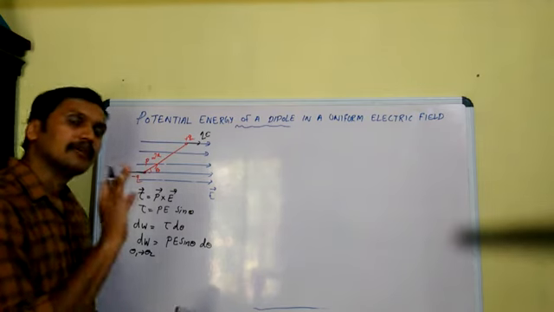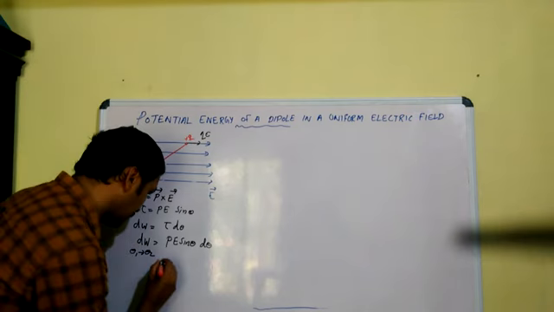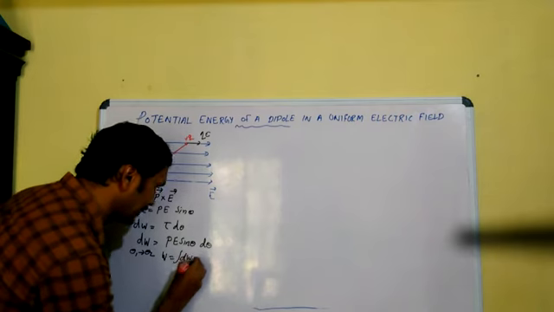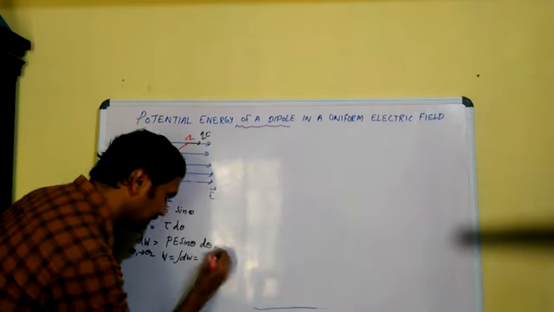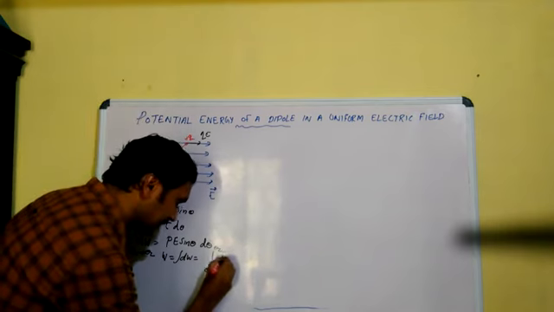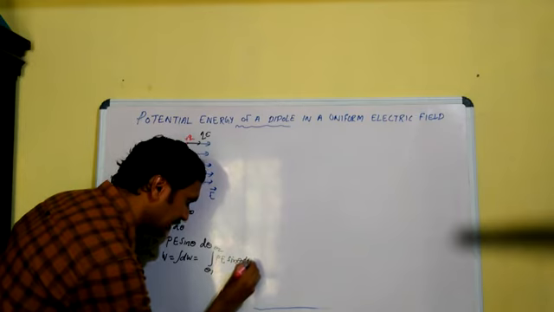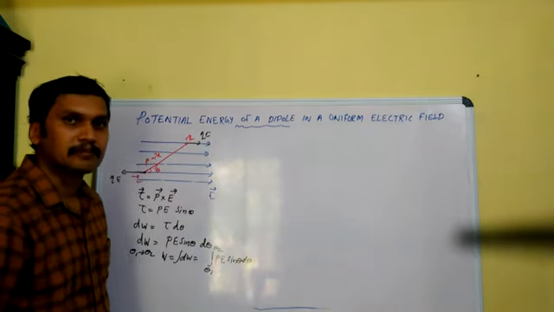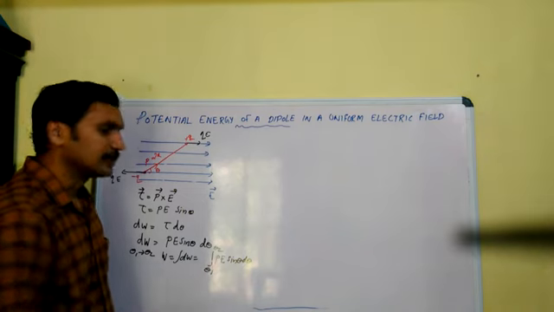You just have to integrate this dW. That is, the total work done is equal to the integral of dW, which is the integral from theta 1 to theta 2 of pE sin theta d theta. This is the total work required for turning from angle theta 1 to theta 2.